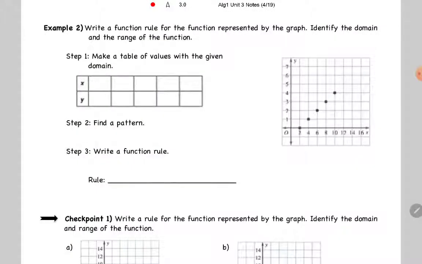All right, write a function rule for the function represented by the graph. Identify the domain and range of the function. So my domain are my x values. This dot here is at 2, 0. It's on the x-axis, so it didn't go up any.